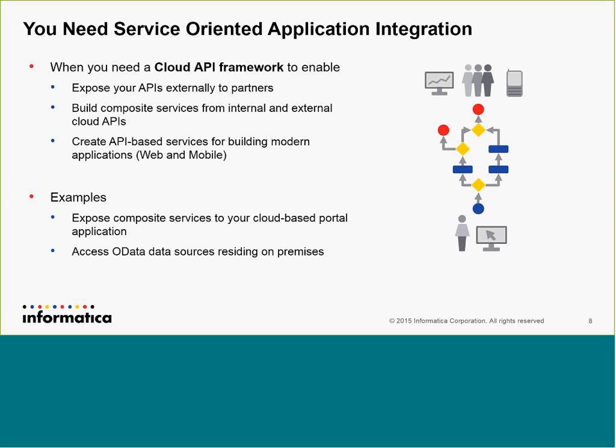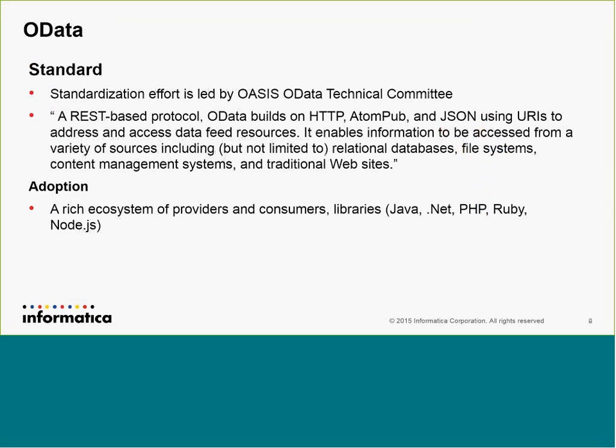There's one particular class of API, in fact, it's more like a protocol, which is OData. So what is OData? OData is a new standard. In fact, it's been in development for a number of years. It started with work that Microsoft and SAP did, with the goal to essentially provide a means by which to expose data via the web, in the enterprise, of course, but also on the web.